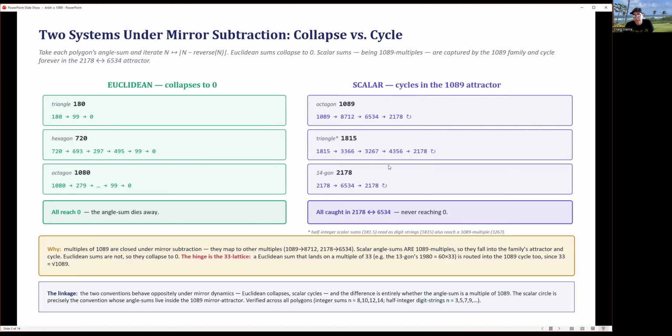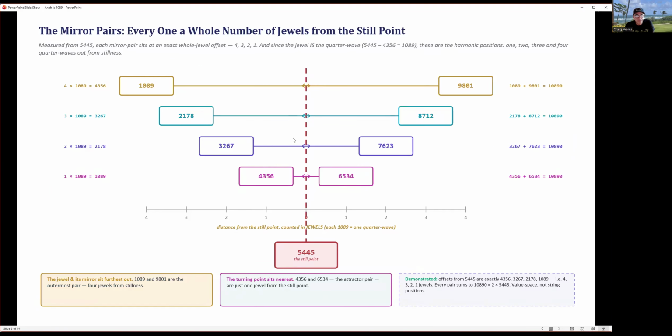I've been highlighting 1089 for quite some time because it's what I refer to as an attractor. It's the very first number in the series. I call it the jewel because it's like a crystal form, a seed. I'm going to mention more about that as we go through.